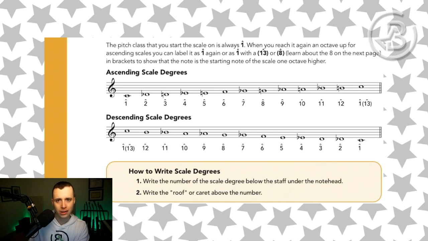What happens when we add the 13th note, which is the repeated pitch class that we started on? So for example, we start on a C chromatic scale. We have to put a C up at the end, which is going to essentially be the 13th note. Now, do we call that scale degree 13? Or do we call that scale degree 1 because it's the same note that we saw at the beginning? Well, here's the answer on that. We are going to call it scale degree 1.